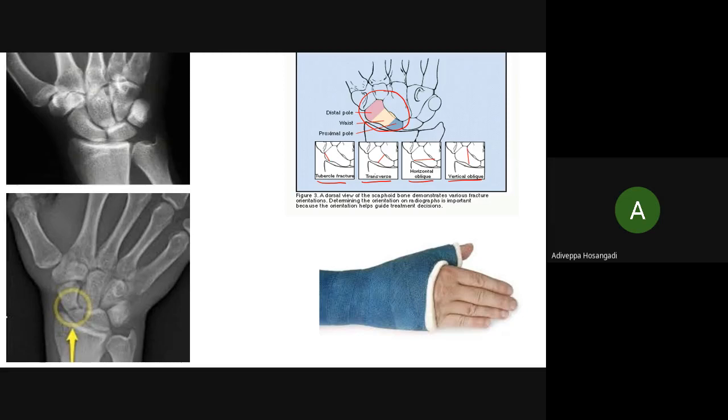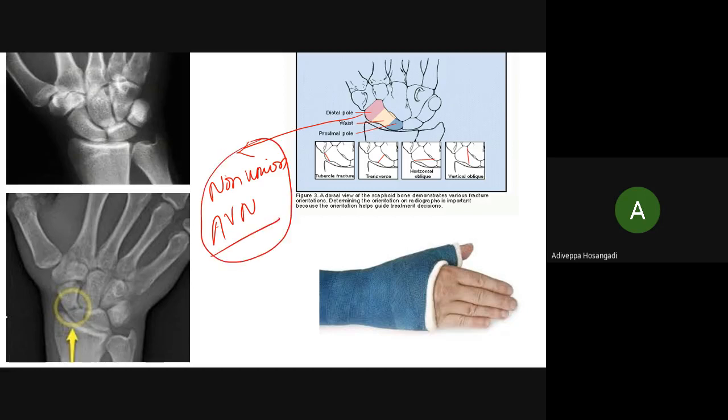But what is most important about scaphoid is that scaphoid fracture is known for notoriously going for non-union and avascular necrosis. These are the most common complications of scaphoid fracture.